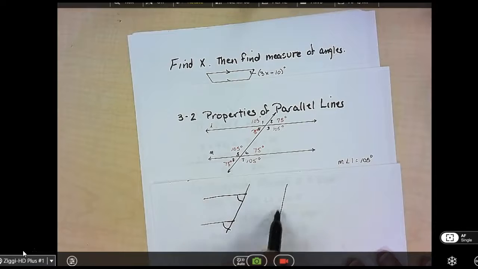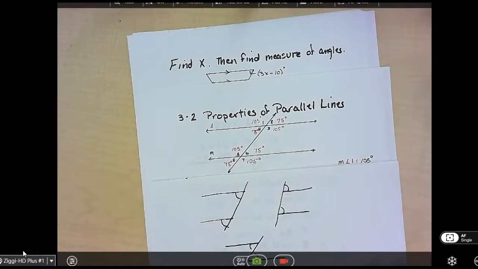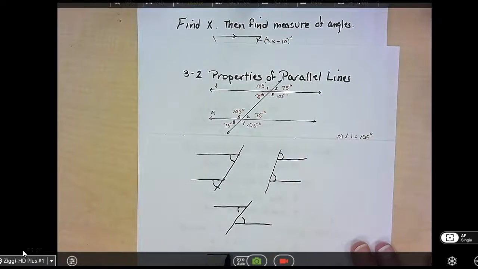If we look at this one, this direction, this angle, and this one, it makes an F with corresponding. Alternate interior angles are this angle and this angle, so they kind of make a Z shape. Same side interior, they make a C shape.